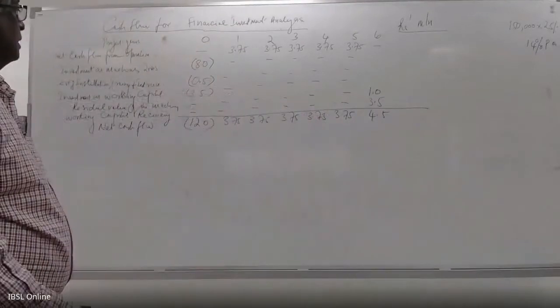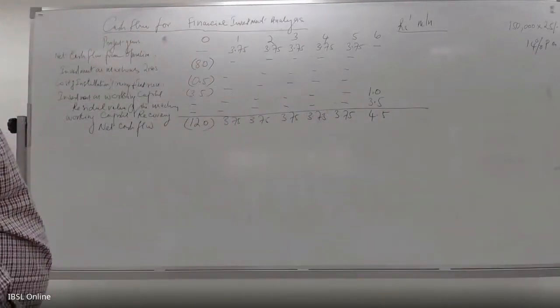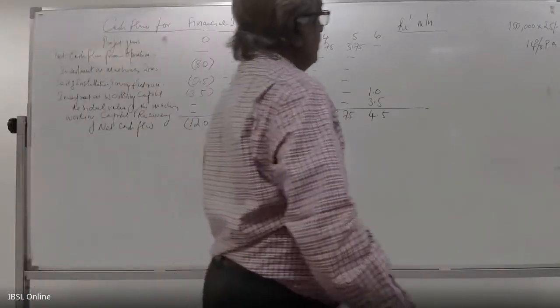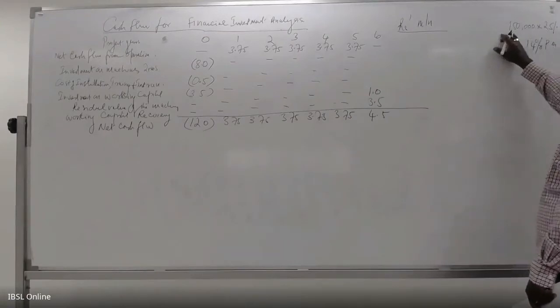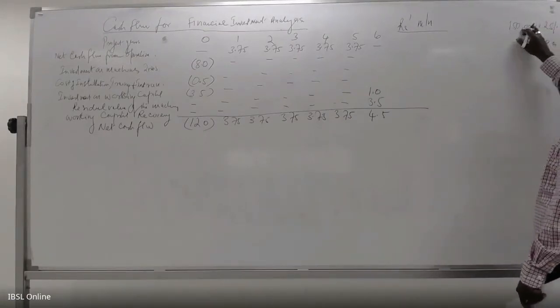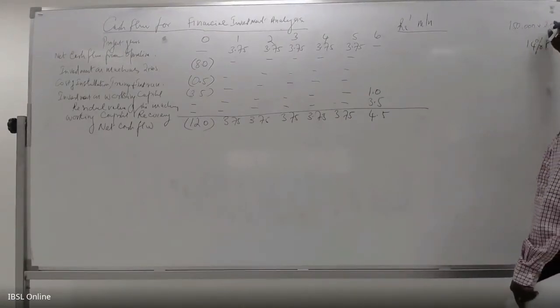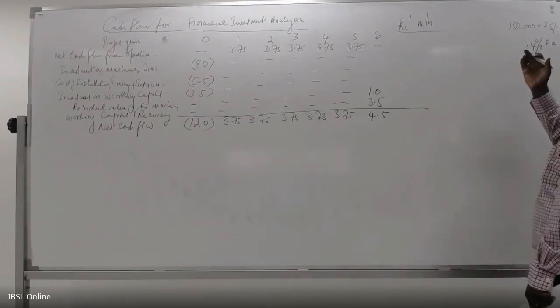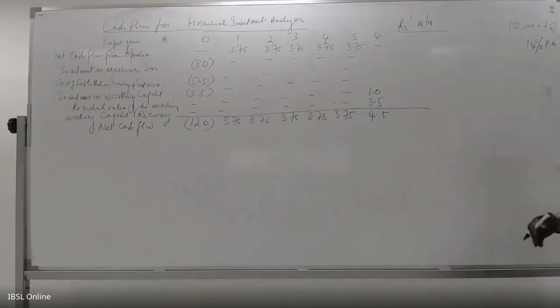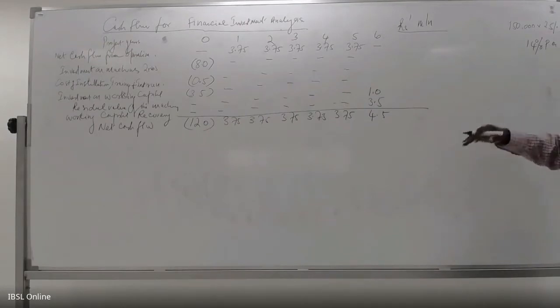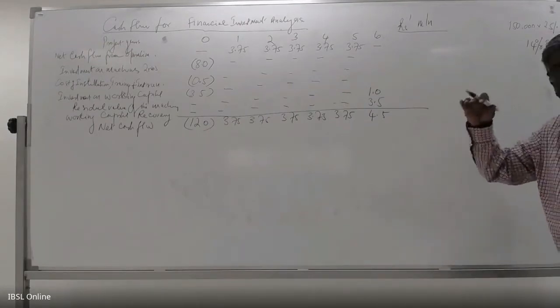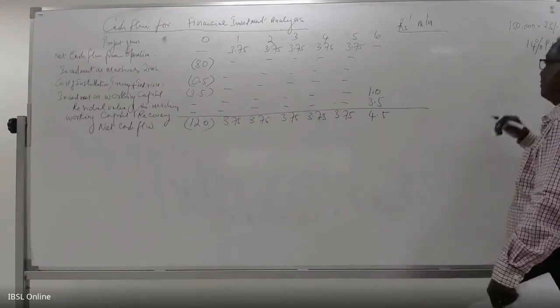Then they are making about 150,000 units annually from both machines. From each unit, the net cash flow they are getting is 25 rupees. That is all the income minus raw material cost and labor cost. After reducing all those things, net cash flow from each unit is 25 rupees.